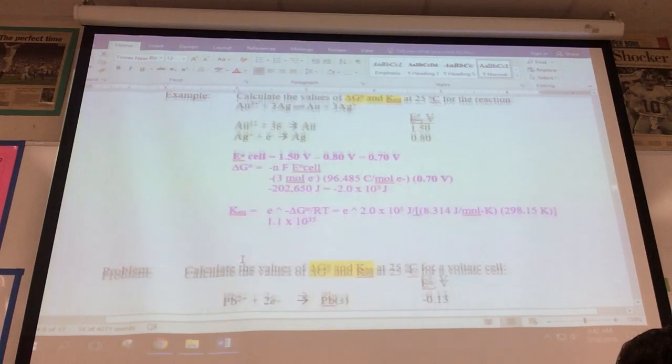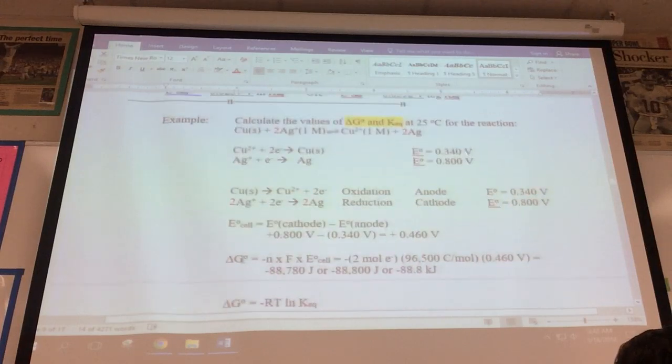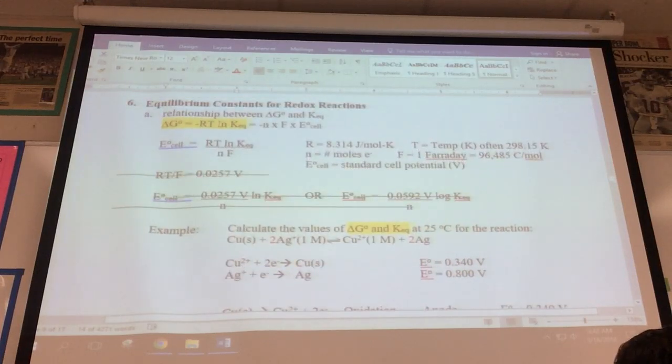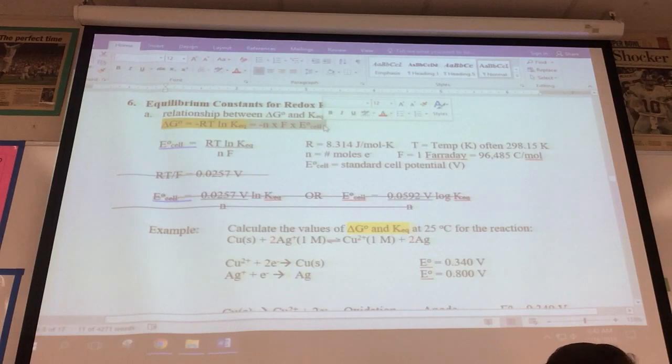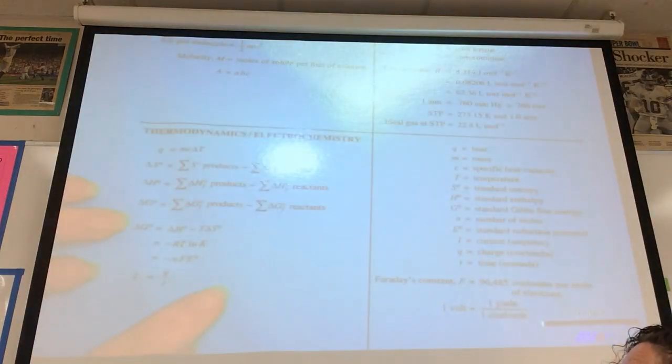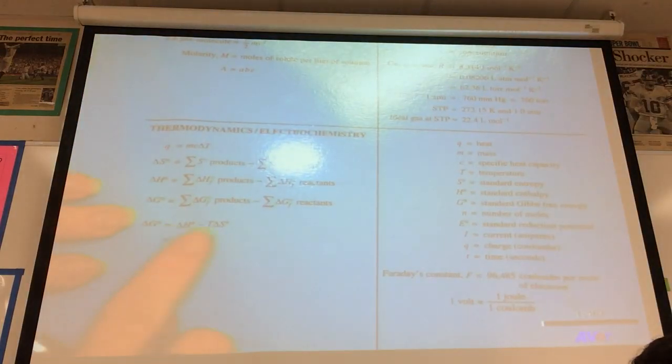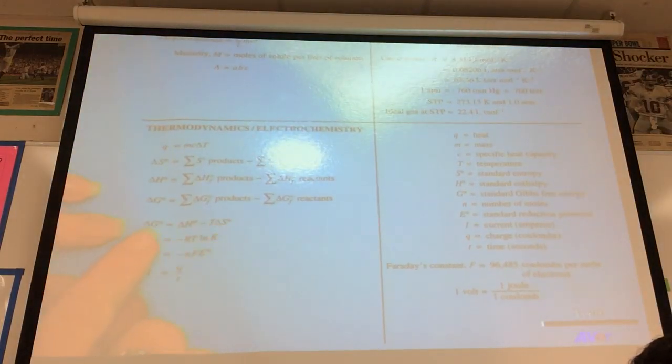They give you this, and through a series of steps, you can derive it. So they give you this, which we saw in the Thermo chapter, and this, which we saw in the Thermo chapter, and this, which we've just been introduced to.